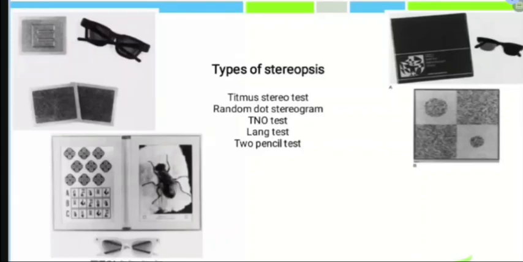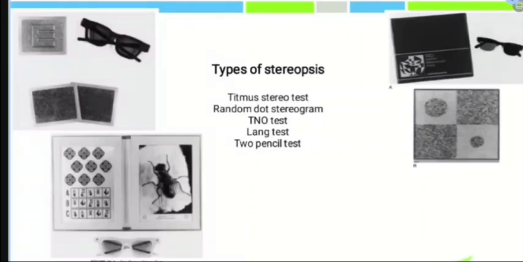All three tests are based on polarization, where you use polarized glasses. Without the glasses, it would be quite difficult to identify the dissimilar images. So why are we using these polarized glasses?